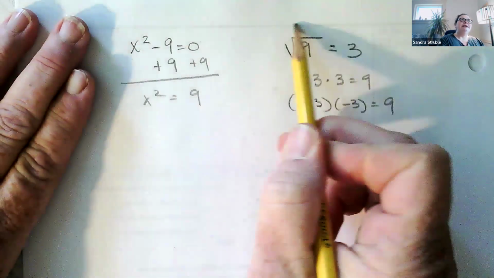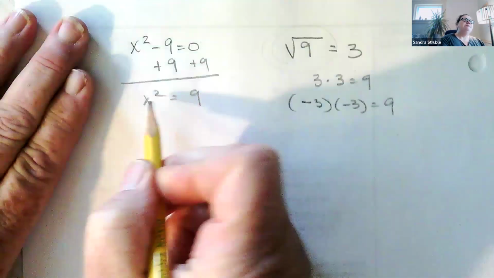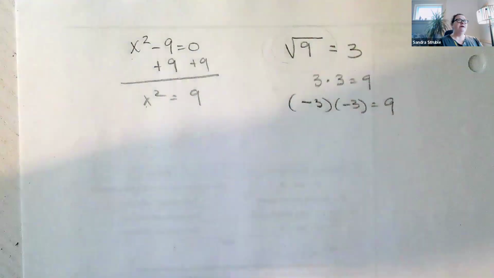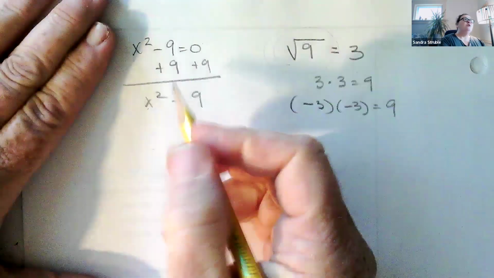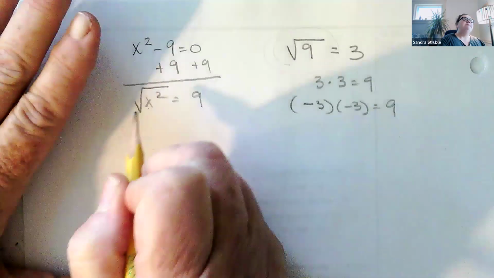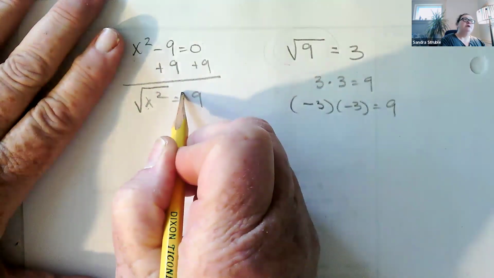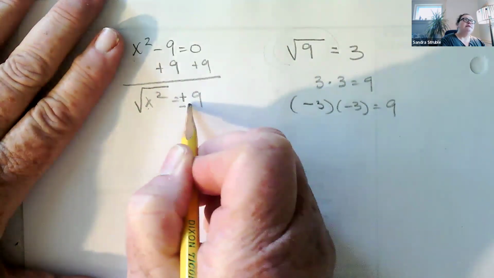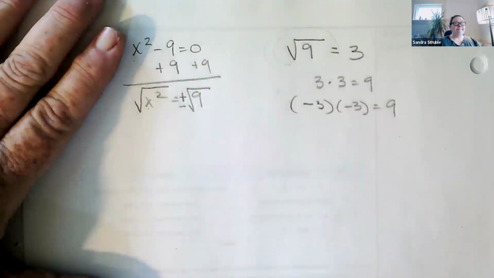And you're not going to get that answer utilizing this. But because we're solving, we have an equal sign. This is the equation, and we're solving for x. When you take the square root of this side, that's great. But with the constant side, you need to put a plus or minus the square root of 9.